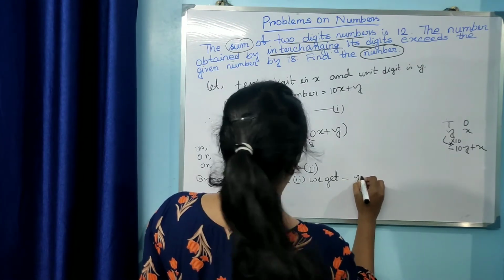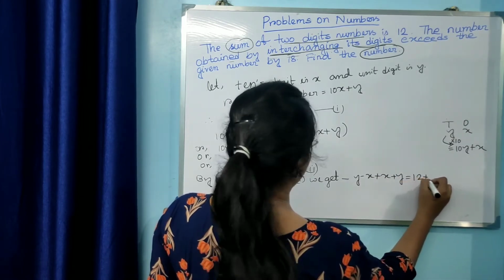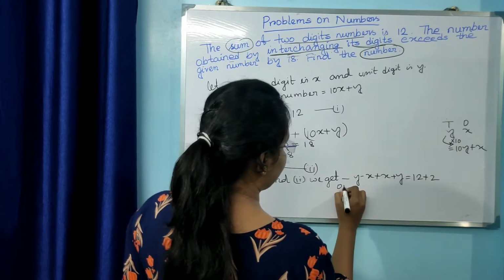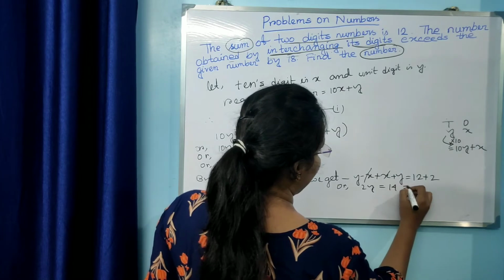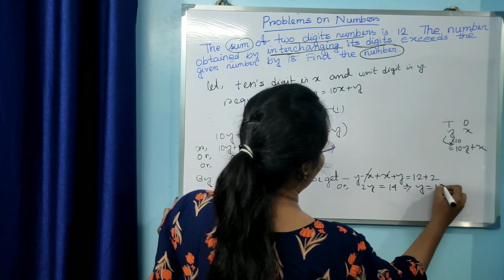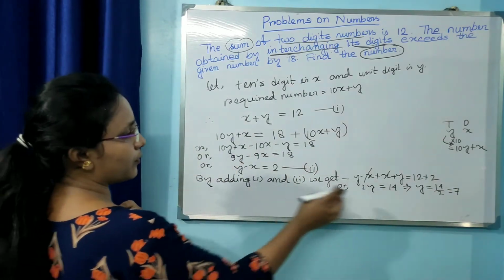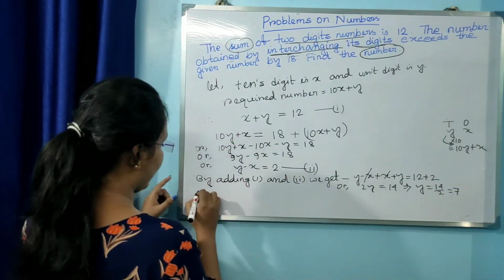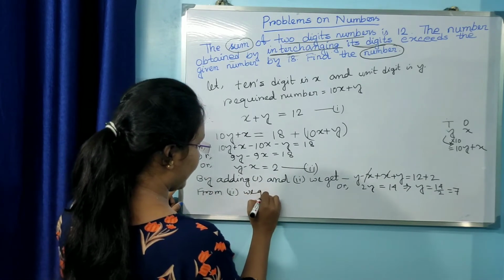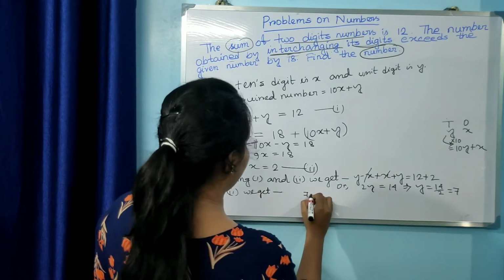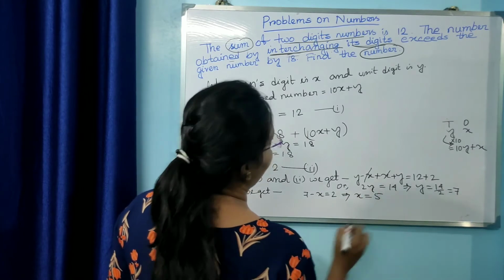So it will give us 2y equals 14, that gives us y equals 14 upon 2, that is 7. If you put the value of y in equation 2, we get 7 minus x equals 2, which gives us x equals 5.